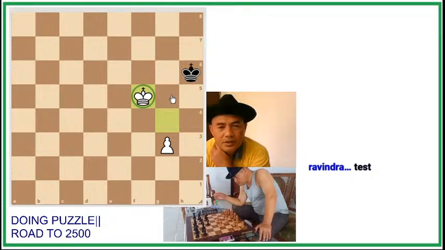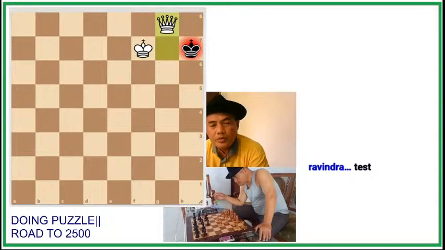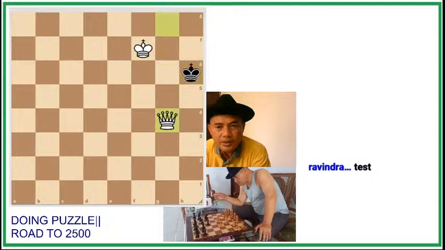So this is an ultimate win for white. Check, and then get the pawn to the promotion square, and then checkmate maybe.